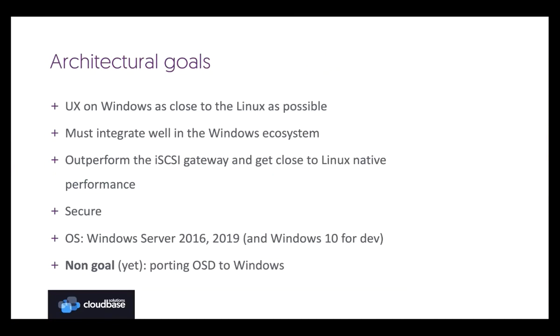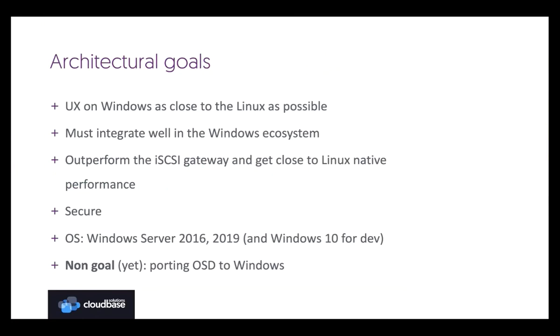In terms of performance, we definitely want to outperform the iSCSI gateway, otherwise it wouldn't make much sense, and get as close as possible to Linux native performance. I will add some more info on that soon. Anything which is cloud related, of course, has to take security into consideration.